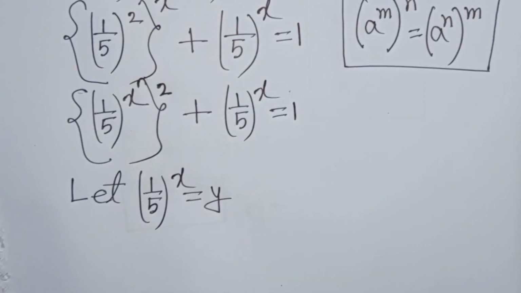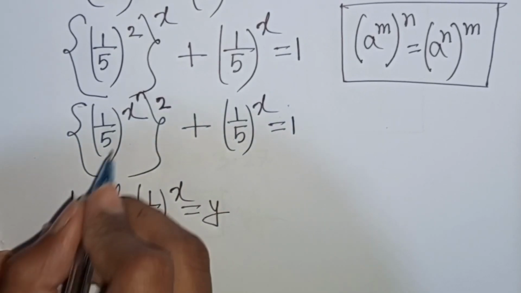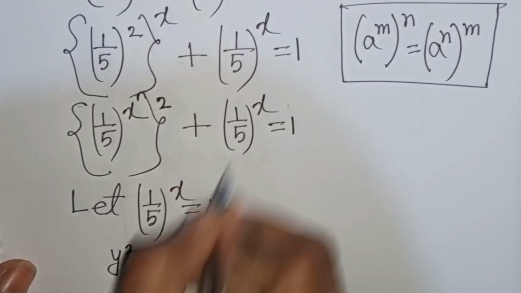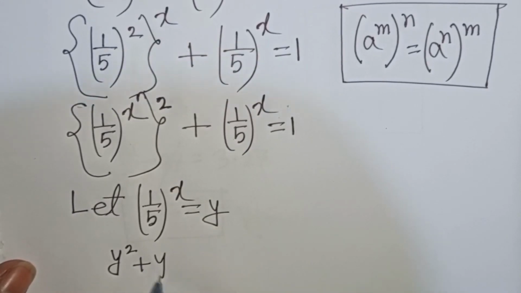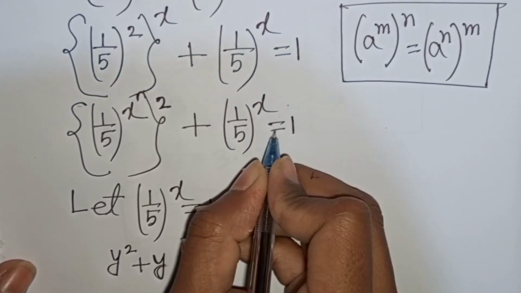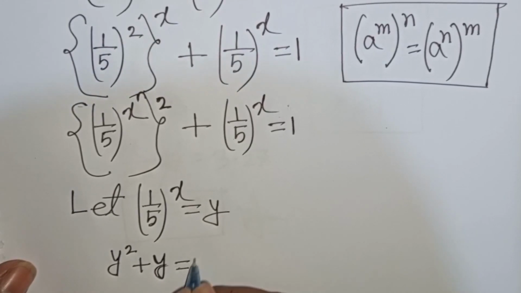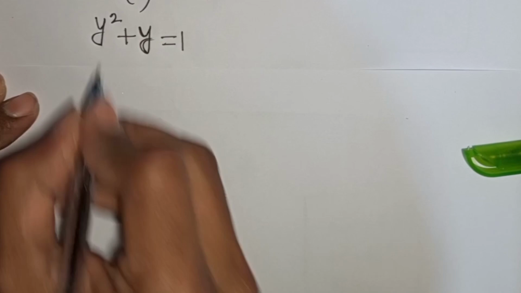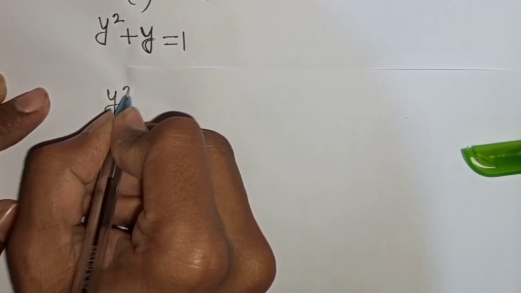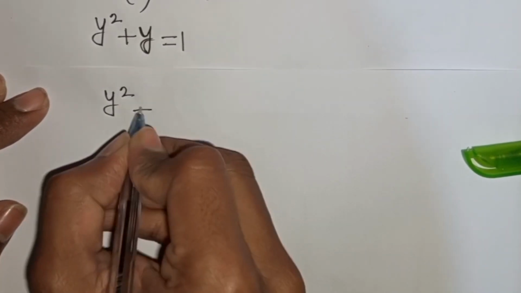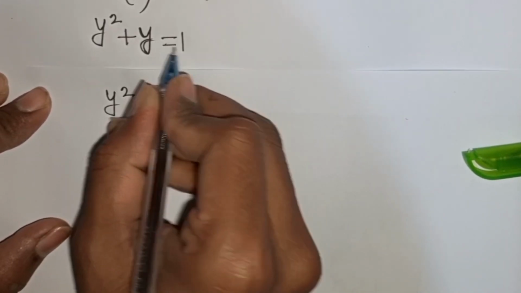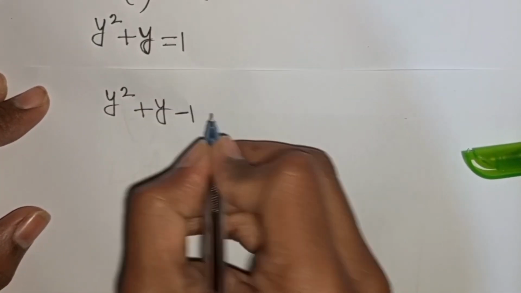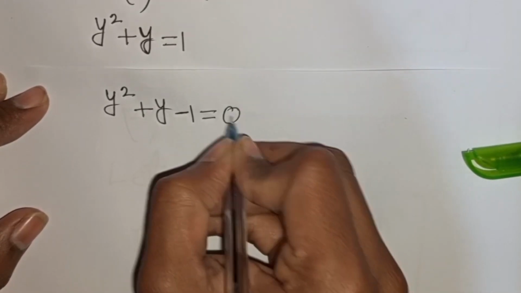So our equation will be y square plus y is equal to 1. Now we can write y square plus y, then this plus 1 take to the left side, so this will be minus 1, is equal to 0.